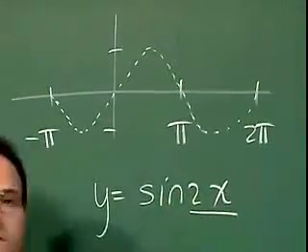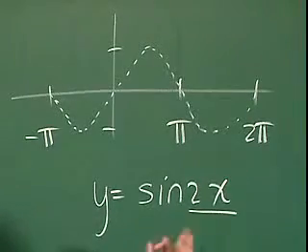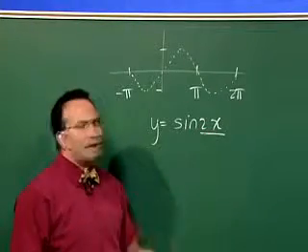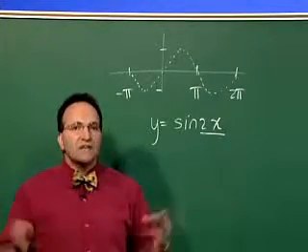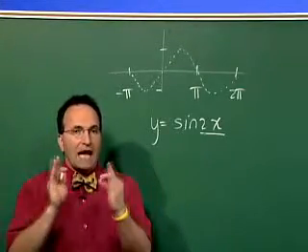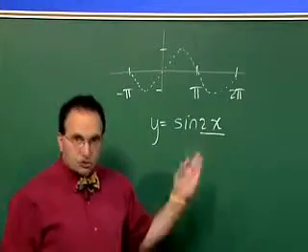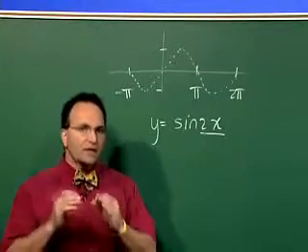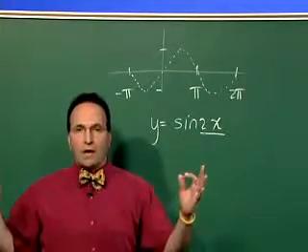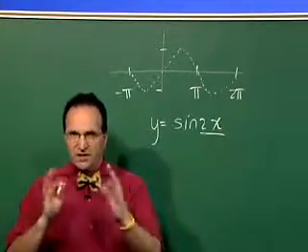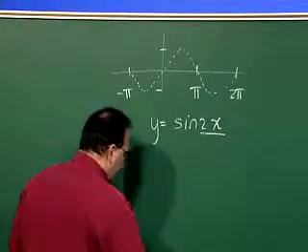The question is, when we were doing stretching and shrinking, how did multiplying a whole number times x affect the graph? Well, what it does is it shrinks the graph by a factor of 2 in this case horizontally. So another way to look at it is that it's going to squish it up. So what would that look like then?